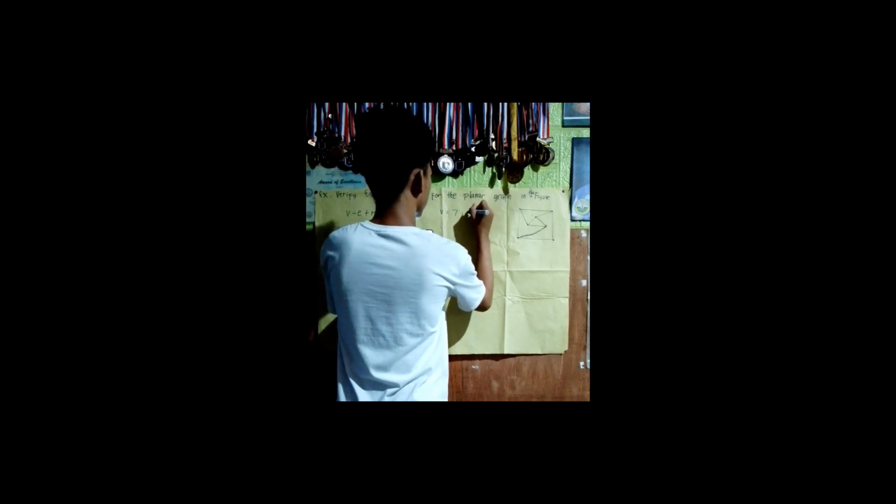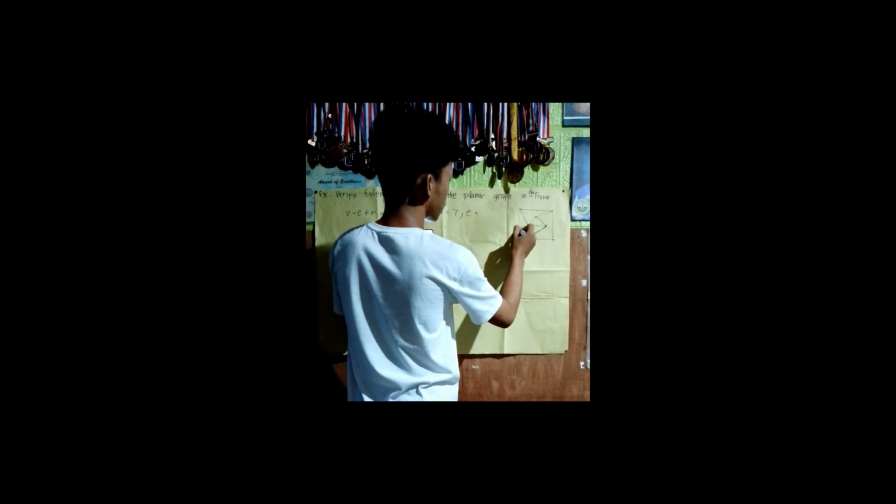So, kani siya, naay vertices nga 7. 1, 2, 3, 4, 5, 6, 7 vertices. And have edges of 10. 1, 2, 3, 4, 5, 6, 7, 8, 9, 10.